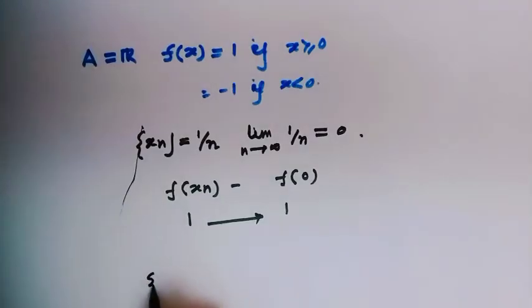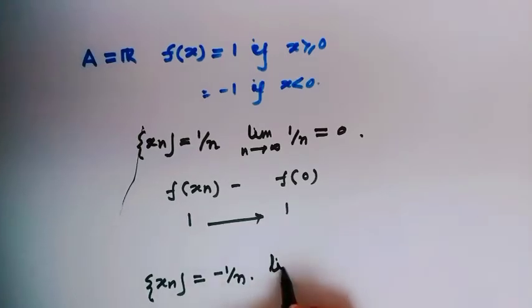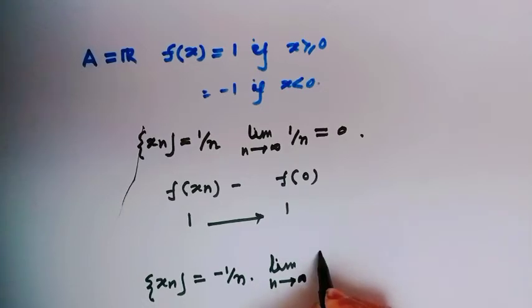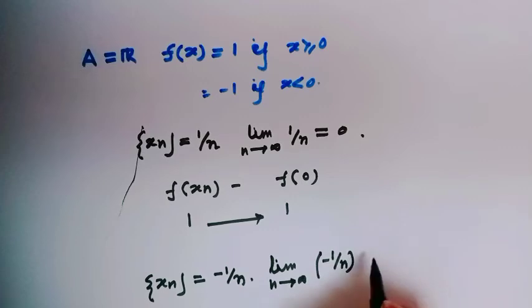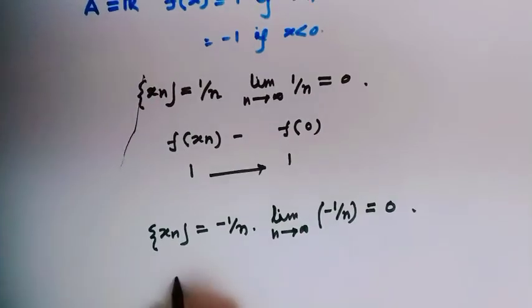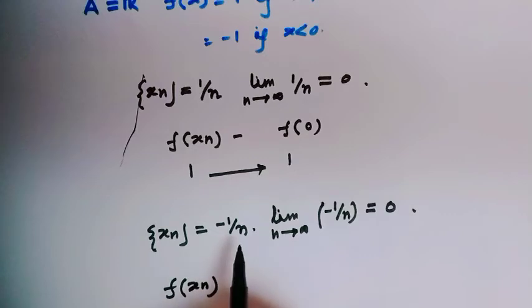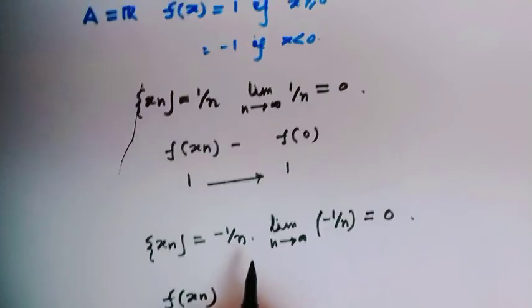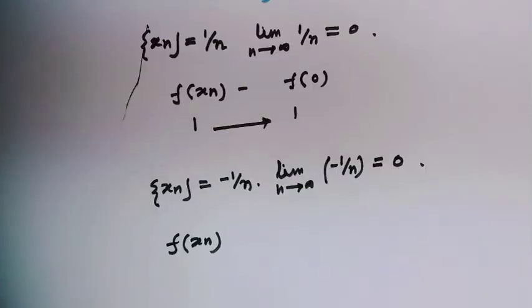Let's consider another sequence. xn equal to minus 1 to the power n over n, and limit n tends to infinity of that also converges to 0. We all of us know what is f of xn. Since xn is a negative sequence, so f of xn must be minus 1. This is a constant sequence.